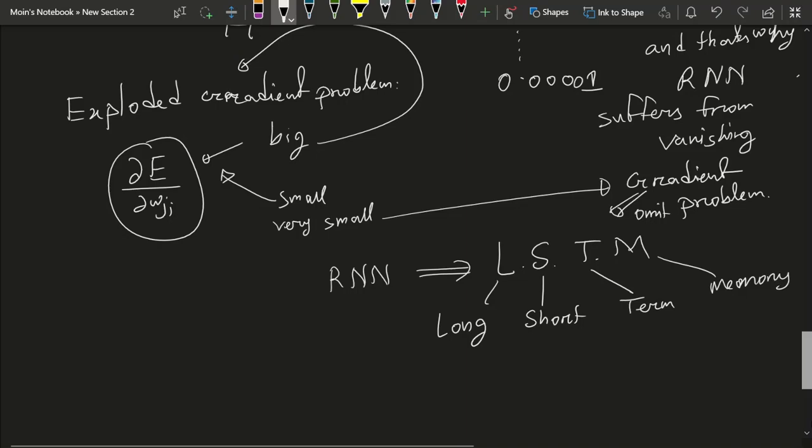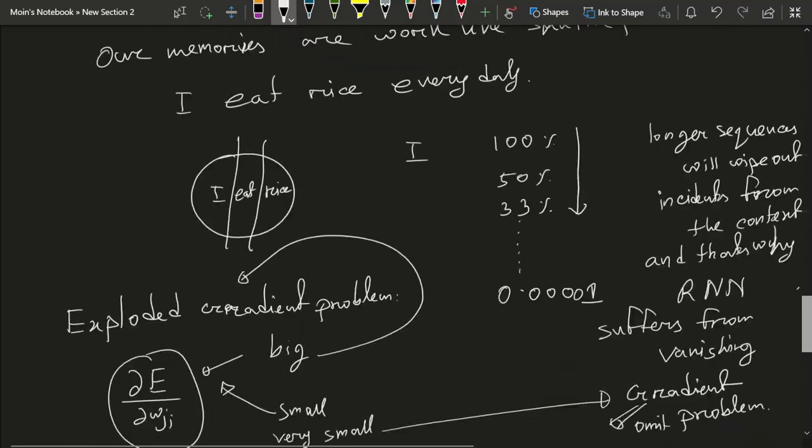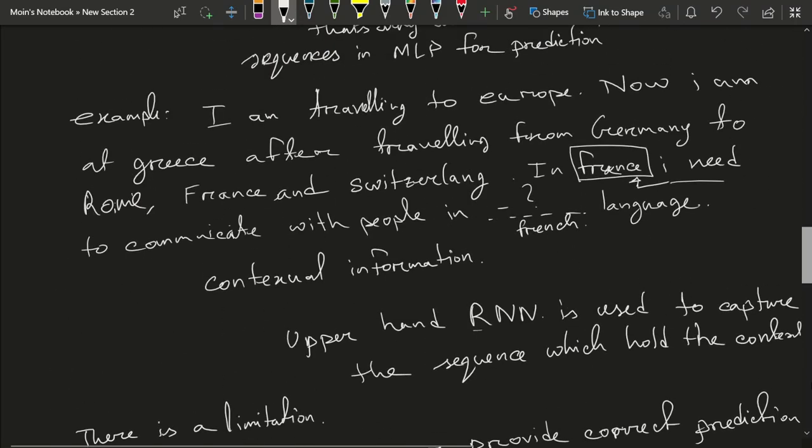So the short-term memory will be recalled for a long period. That is the way the LSTM basically works, and it resolves the problem of RNN vanishing gradient.